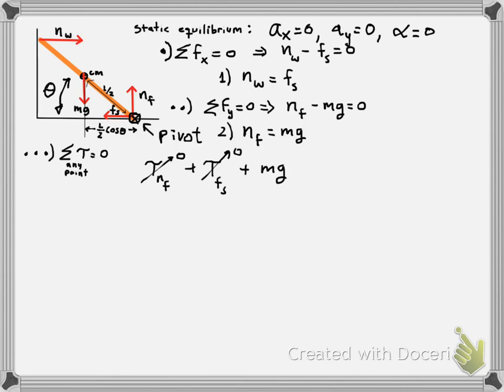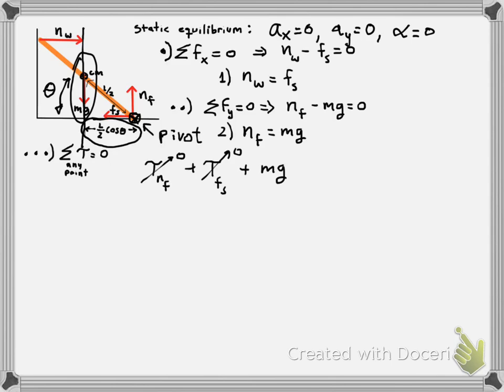Now we need to evaluate the torque of the force of gravity. The force of gravity is this force, and it has a torque. The torque is equal to the magnitude of the force of gravity multiplied by its moment arm. That is the perpendicular distance between the line of the force, right here, and the axis of rotation, the pivot. The distance, as you can see, is L divided by 2 times the cosine of theta.